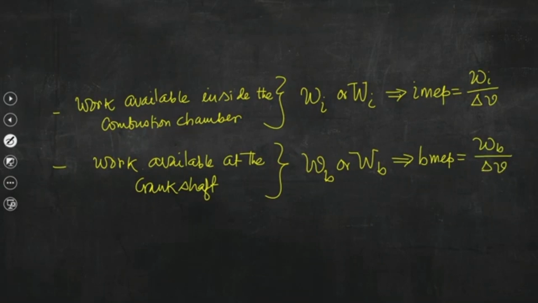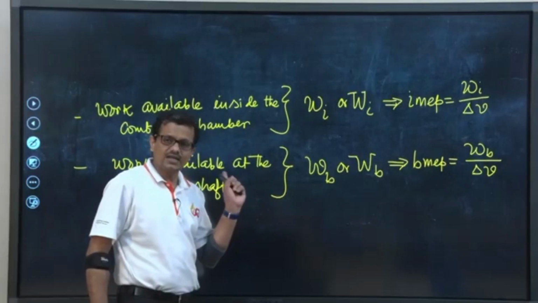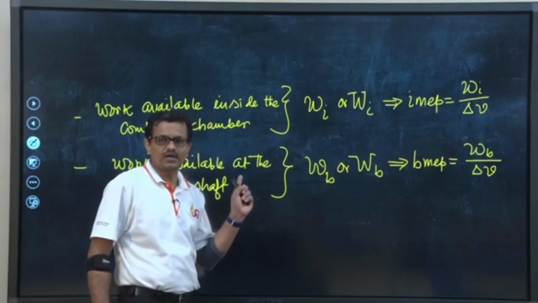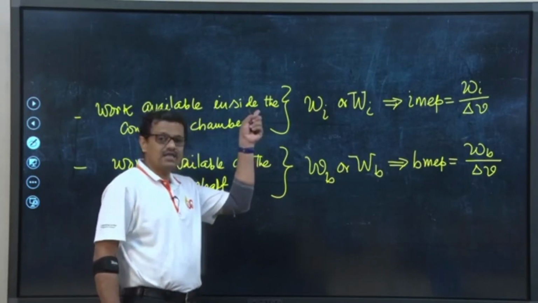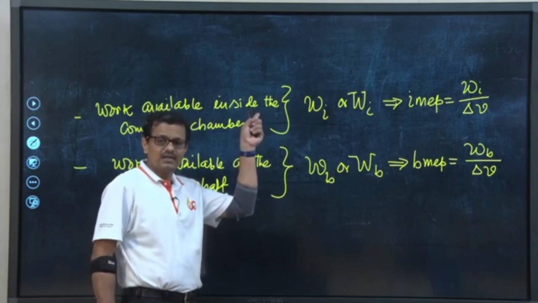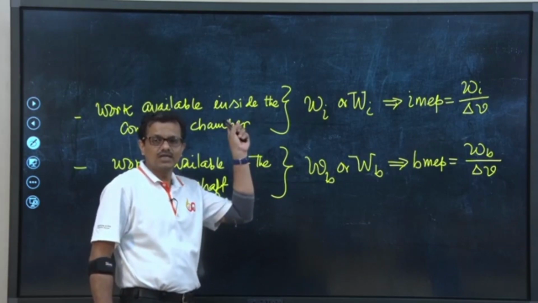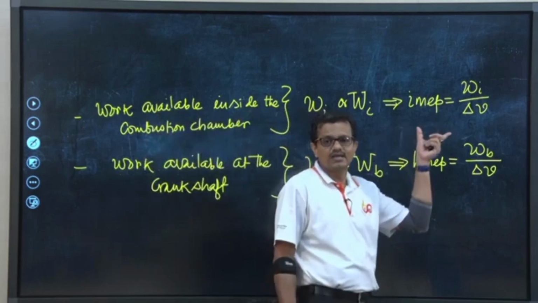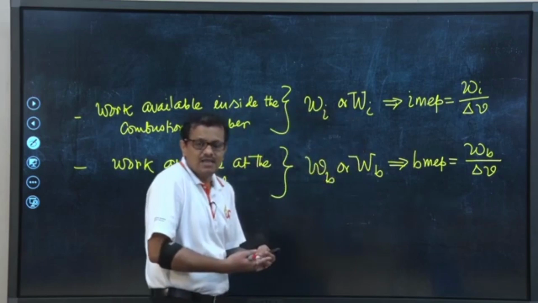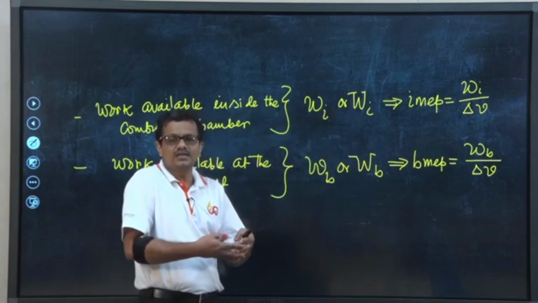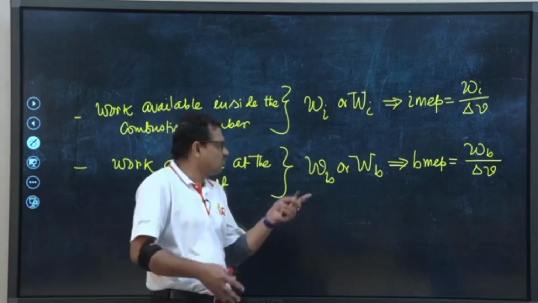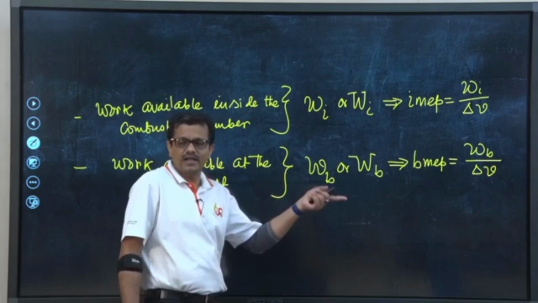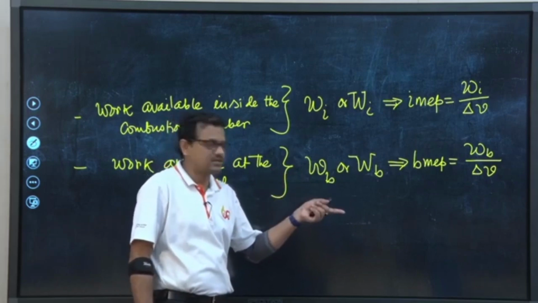So, the work which is available at the crankshaft is the brake work, but the work which is available inside the combustion chamber is the indicated work. You can understand that these two works are not the same. So, if they are not the same, some amount of work is needed to overcome the friction and other parasitic loads that I have already discussed.